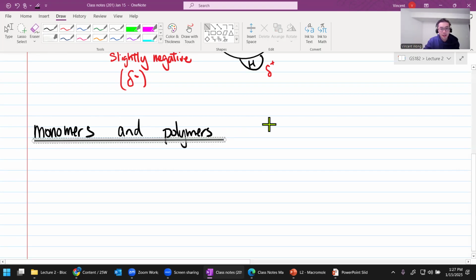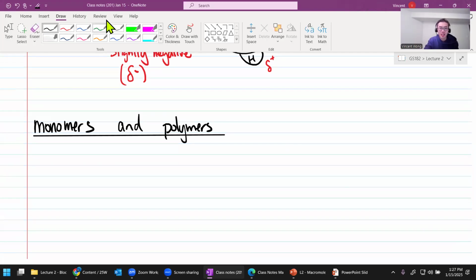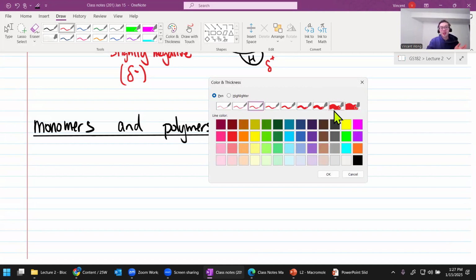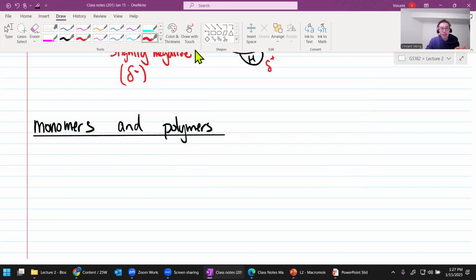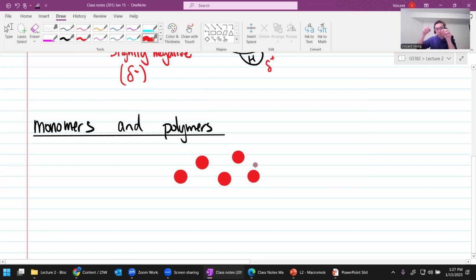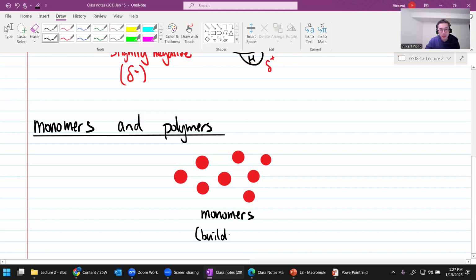Here we go. After this, I'll give you a break. Looks like you guys need one. So monomers are individual building blocks. Think of them as little beads, like when you put beads together to make a necklace. These are individual building blocks, and we call them monomers. Think of them as individual carts in a train.